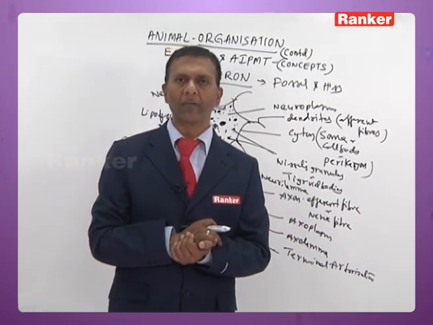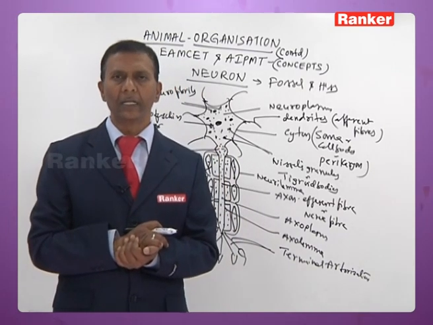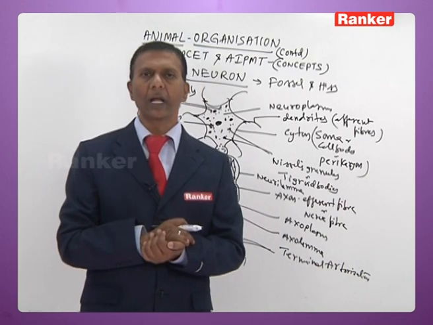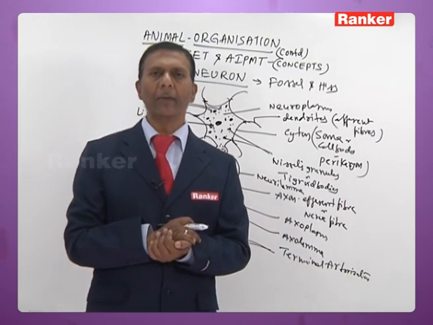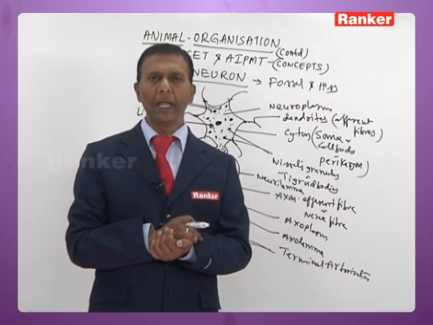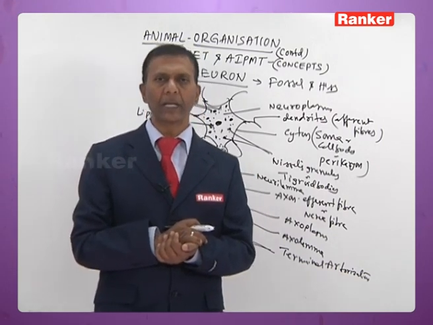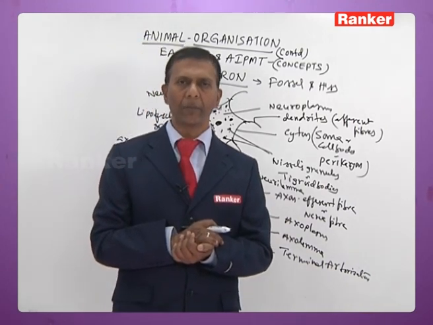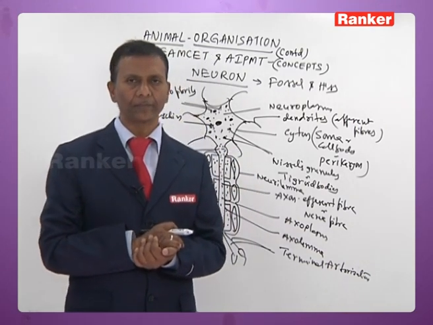So in the grey matter of brain and spinal cord and in the sympathetic and parasympathetic system, most of the neurons are non-myelinated. In non-myelinated neurons, the leakage of impulse is prevented by neural lemma. The myelin sheath is absent, but they are covered by neural lemma to prevent leakage of impulse from the axon.